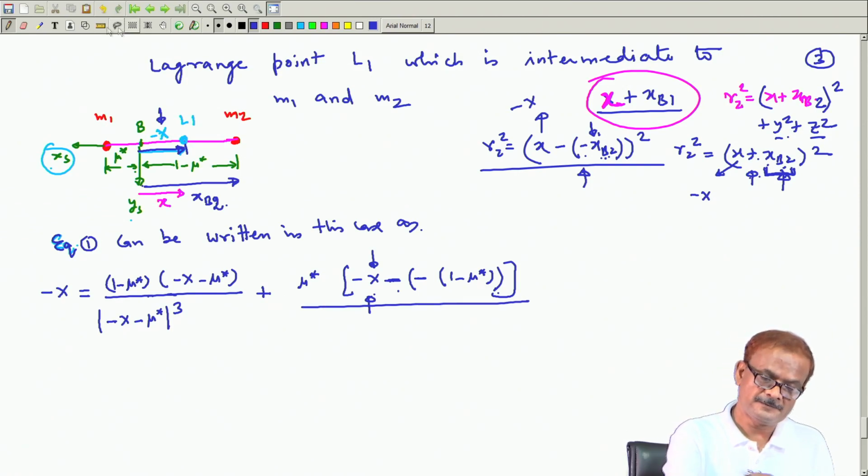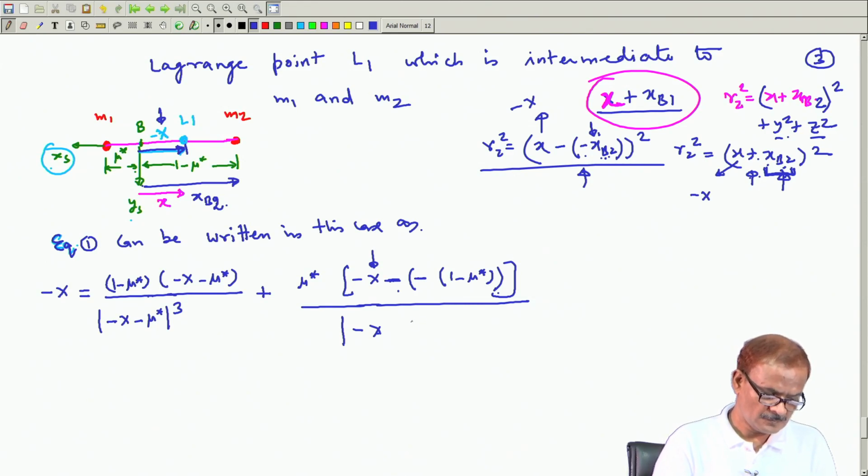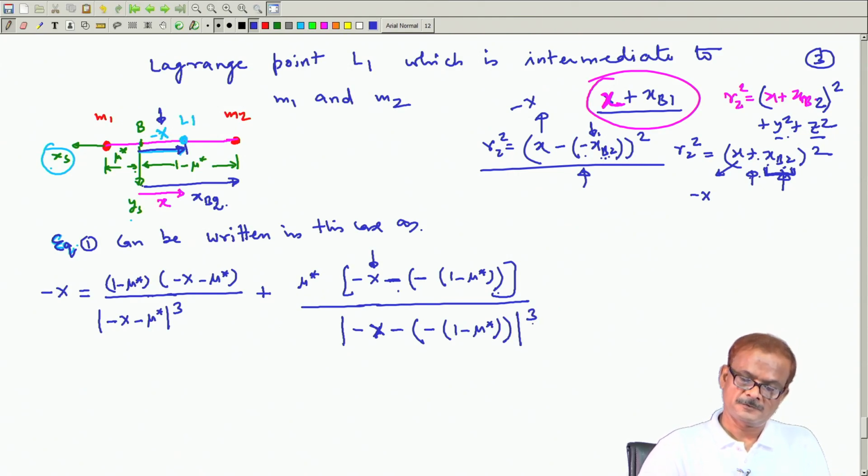So, we write it here in this way. And then this divided by minus x minus mu star whole cube.